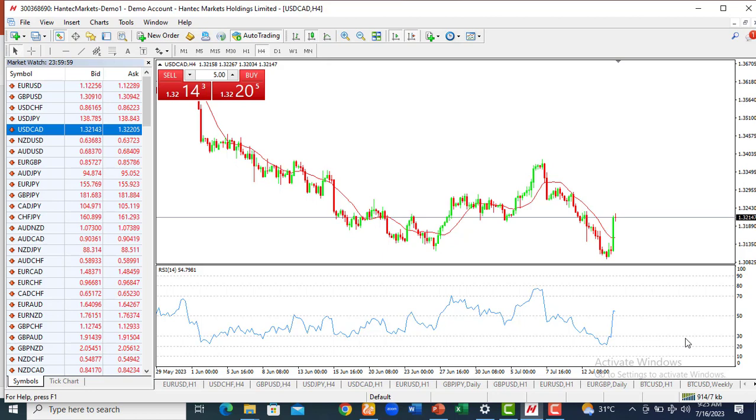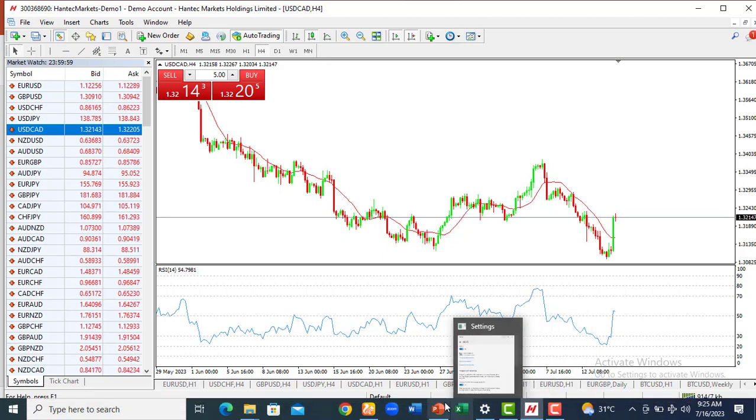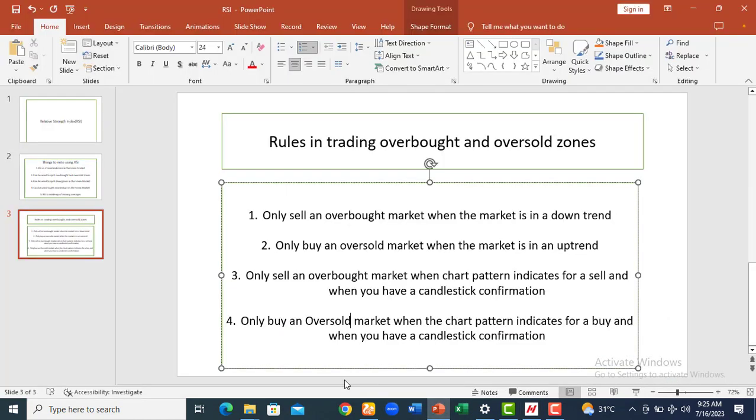But when you put all these rules I just taught before placing your overbought and oversold zones, you see it working for you 90% of the time. Remember, number one, for the rules: only sell an overbought market when the market is in a downtrend. Only buy an oversold market when the market is in an uptrend.